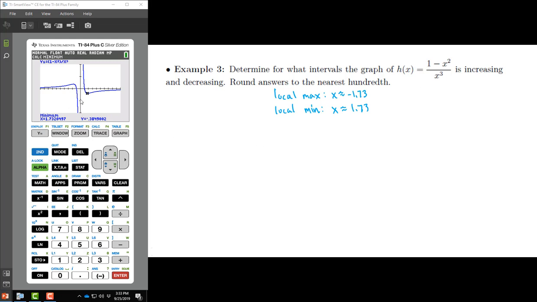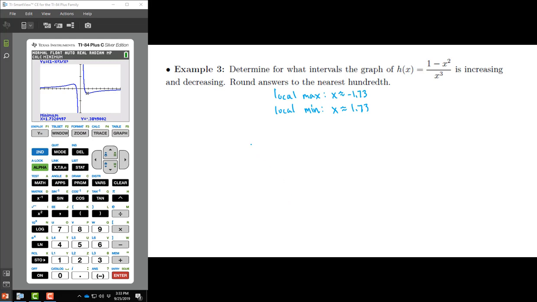One of the things we see with this example is it is possible to go from decreasing to increasing or increasing to decreasing when you cross an undefined portion of a function, and in particular when you cross a vertical asymptote, is what we call this thing. We'll study that idea more later. But for now, just understand that when you see this kind of action on a graph, this could be a place where it switches from, in this case, decreasing to increasing.